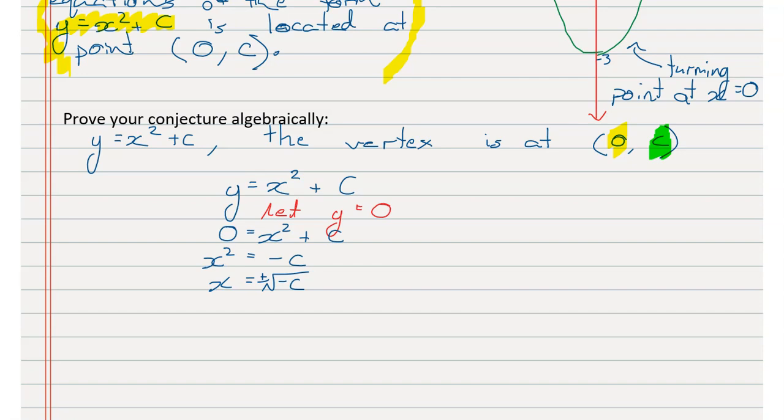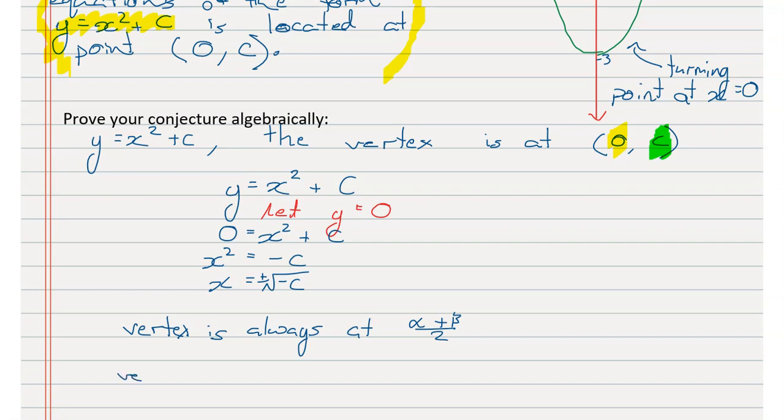actually let me just rephrase. The vertex is always at alpha plus beta divided by 2, alpha being positive the square root of negative c, and beta being minus the square root of negative c.